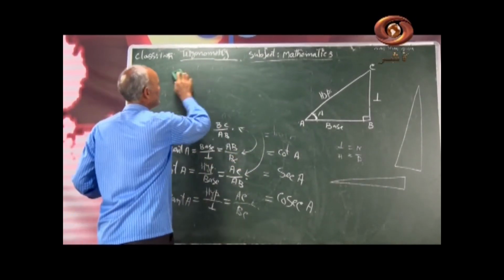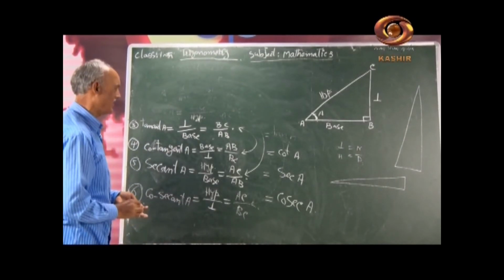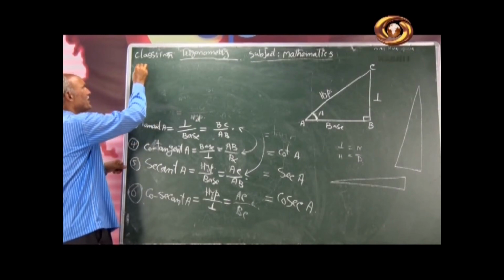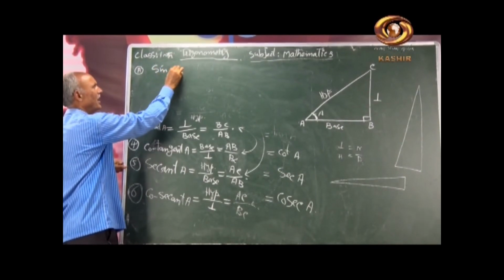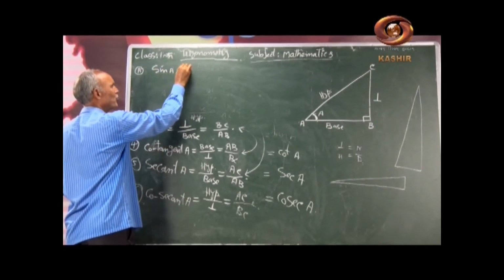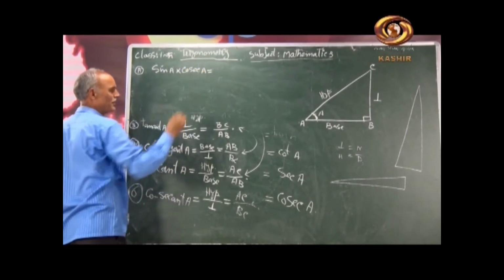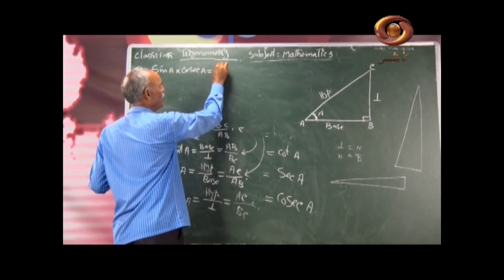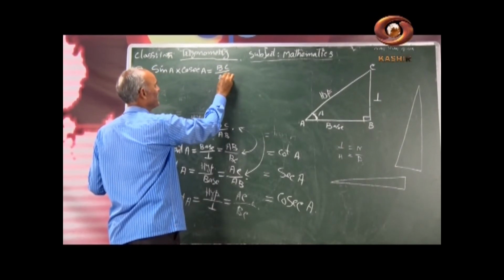we showed that sin and cosec are the reciprocals of each other. Now certain formulae we have to remember. Number 1, if we multiply the first ratio, sin A, and the last ratio, cosec A, since they are reciprocals of each other, sin is perpendicular BC by hypotenuse AC.